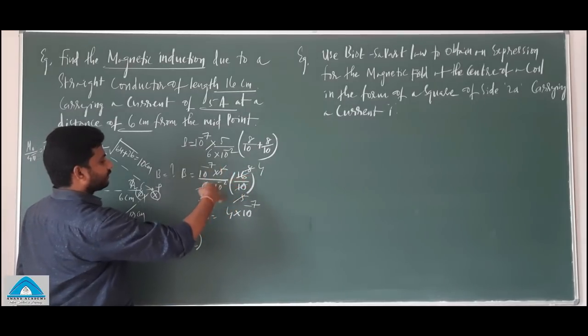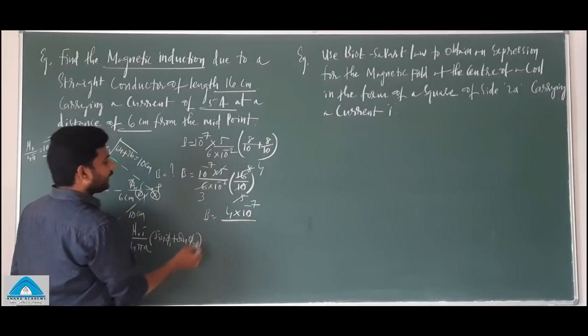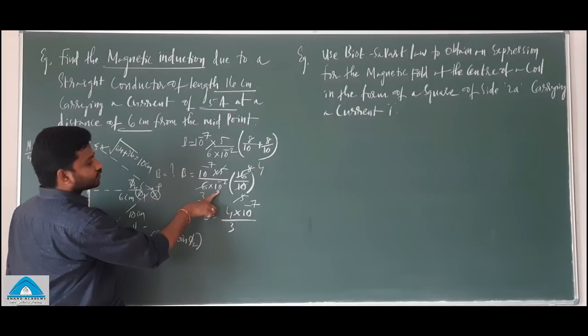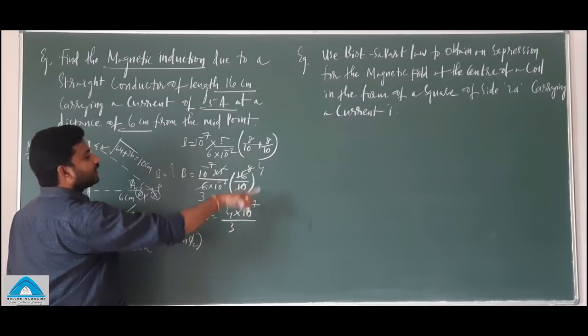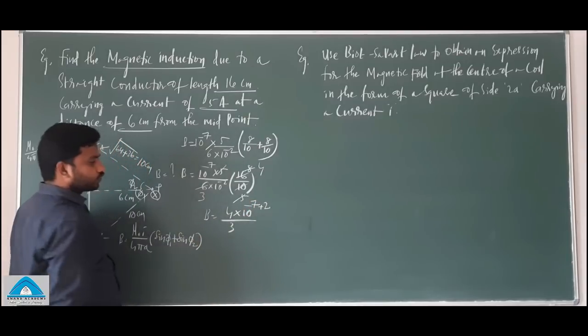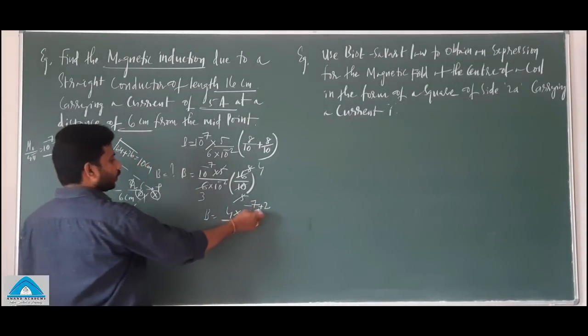Whatever is left, 10 raised to minus 7 divided by, here 3 is there, here 10 raised to minus 2, you can take it to the upside, that will become 10 raised to plus 2. Okay. Now, here, what can I write?